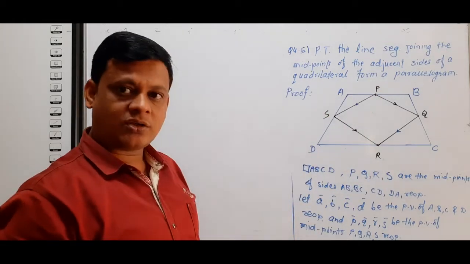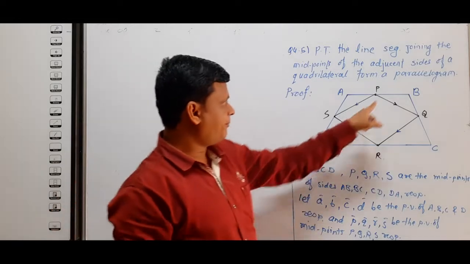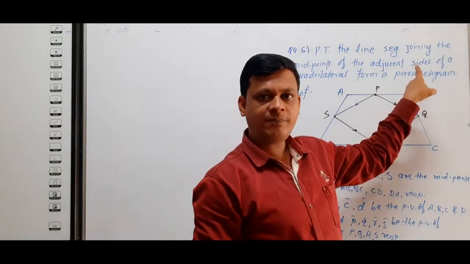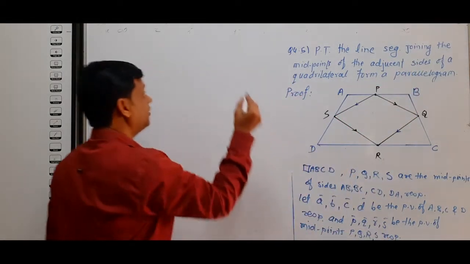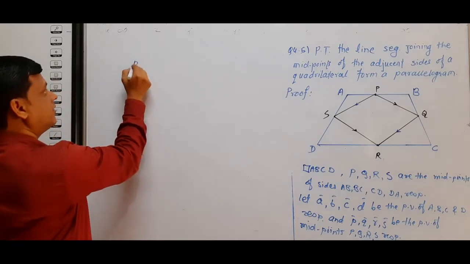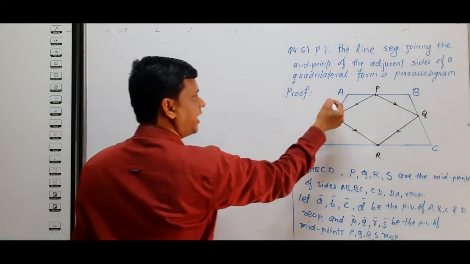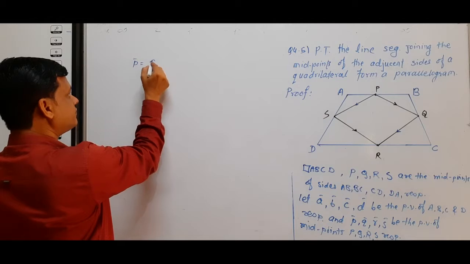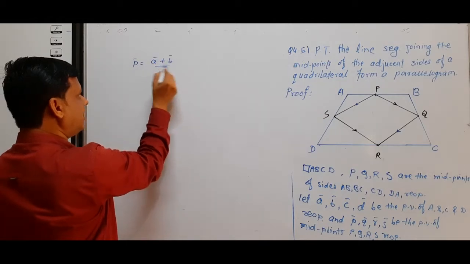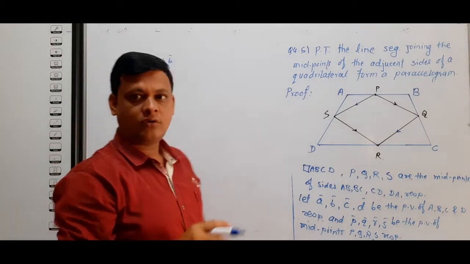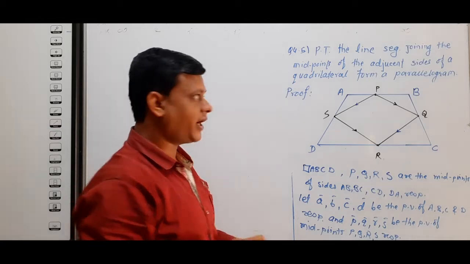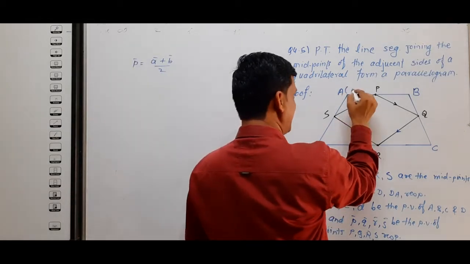Now by the definition of midpoint, if P is the midpoint of side AB, then by the midpoint formula we can write here p bar is equal to a bar plus b bar upon 2. So for your convenience, you have to write the position vector at that point.